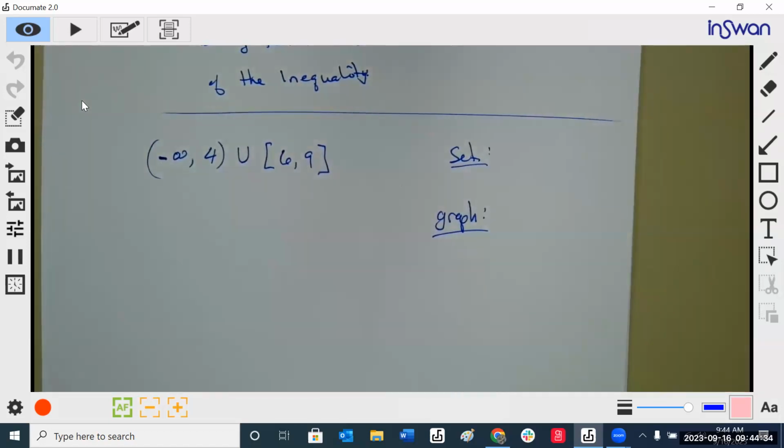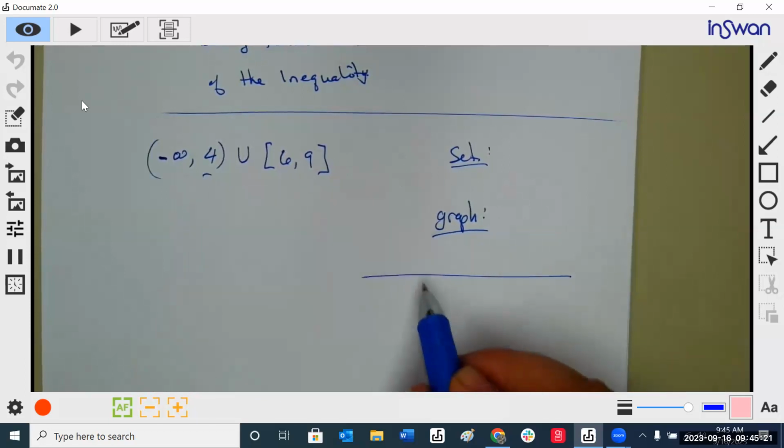So in this one, give me the set notation and the graph. Again, it's always easier if you do the graph first.